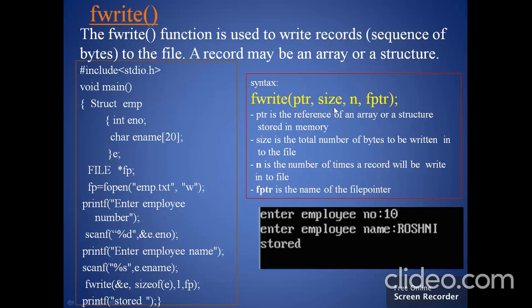Then after that, here we will have size. The size will give the total number of bytes to be written into the file. For finding that, we will call sizeof(e). This will give the total number of bytes to be written into the file. Then after that, we'll have n. n is the number of times a record will be written into the file. Here the number of times a record will be written to the file is 1.